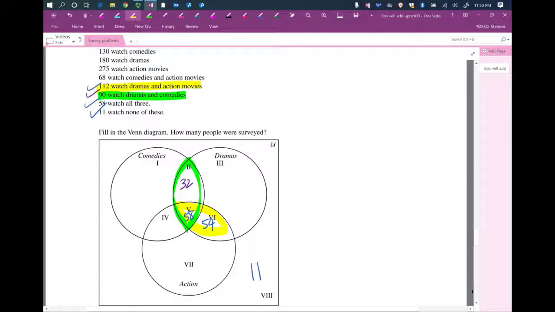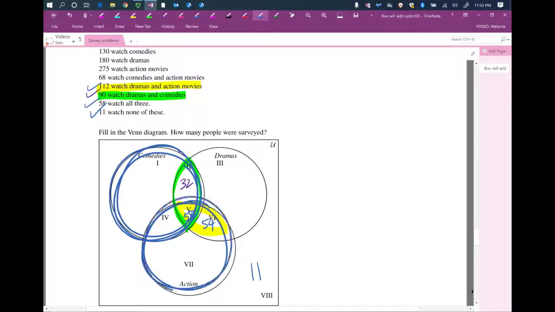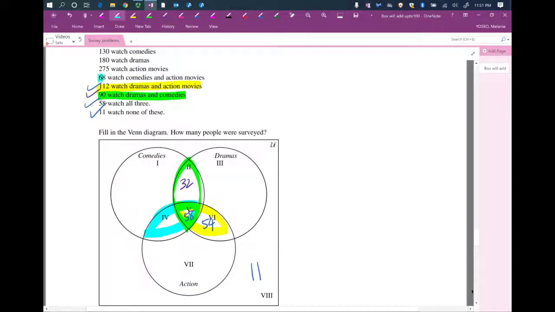Okay, so then we keep on moving upward. 68 watch comedies and action movies. So comedies is this circle right here. And action movies. So here's the action movies. And we want the intersection of those 2 circles right here. Okay, so 68 watch comedies and action movies. So these 2 regions together right here are going to add up to 68.